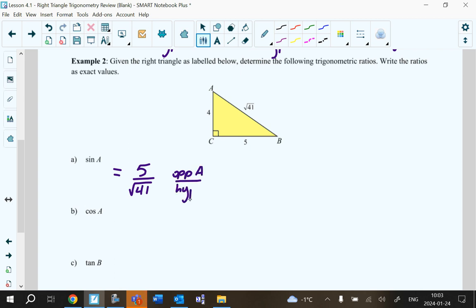If you were actually asked to find the angle, then we have to go further. But here you're just asked to find the ratio or the fraction. What's the cosine of angle A? 4 over square root 41.